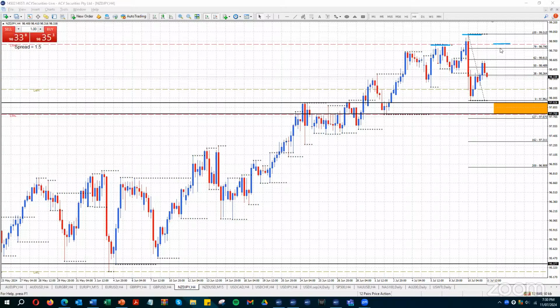So looking at the 79% level at 98.79. Price may do this. It may come down into support, it holds, and this is your area to look for your opportunity to buy. So watch for that pattern. Does that pattern come to fruition?